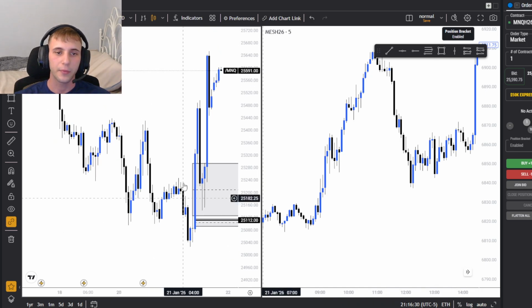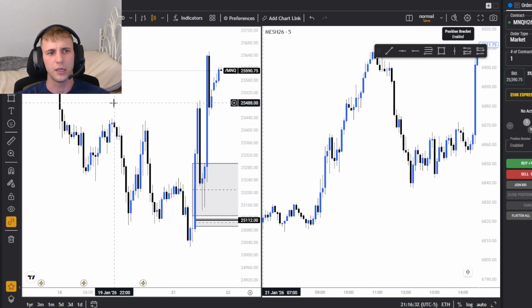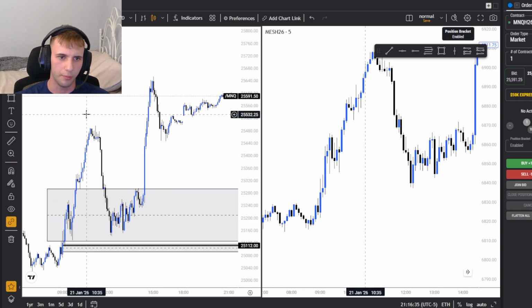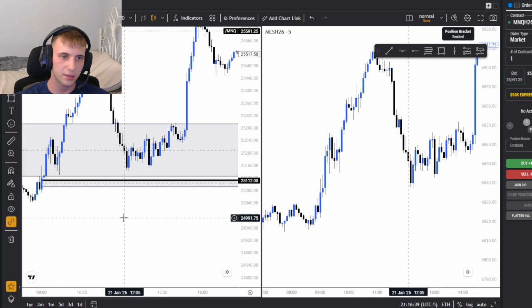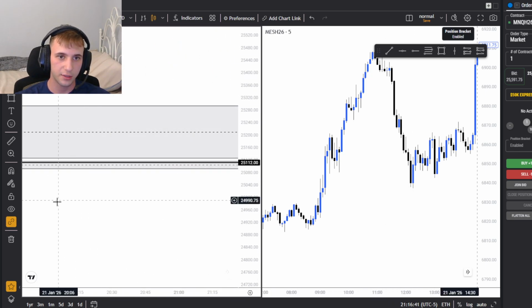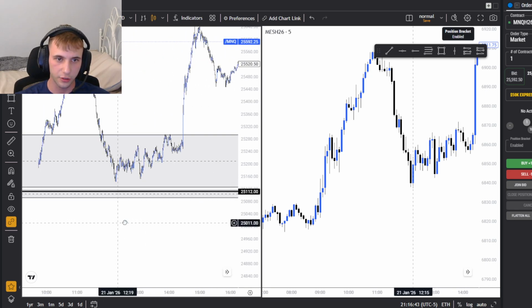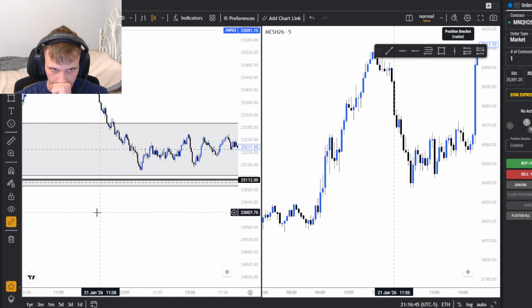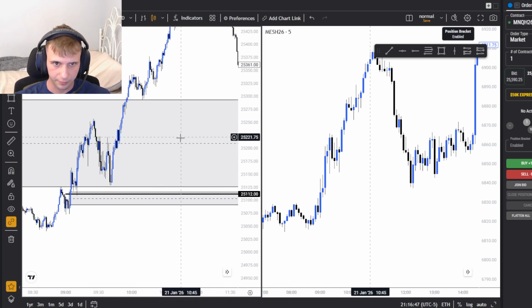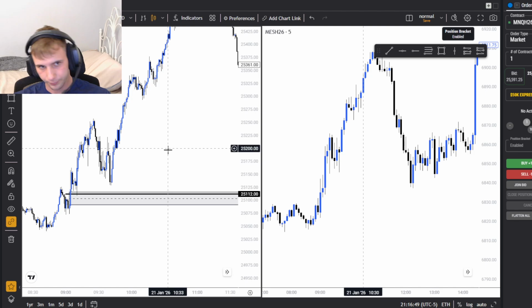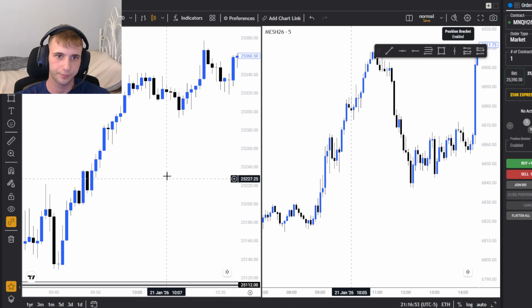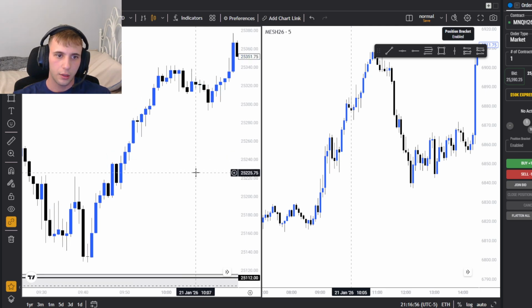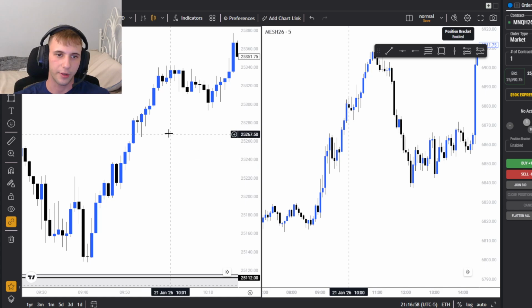Okay. Now, for some little tips and tricks, and this isn't always the case. A lot of times it is, and I use this to my advantage. It's just something you could keep in mind with fair value gaps. So let's say you have a fair value gap.